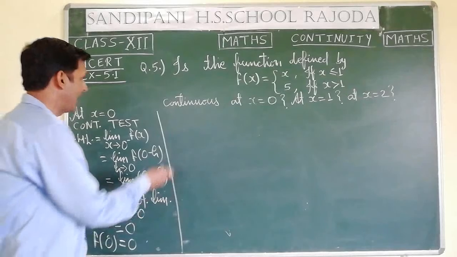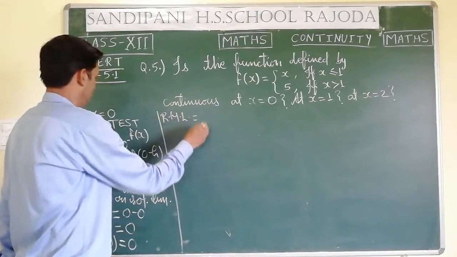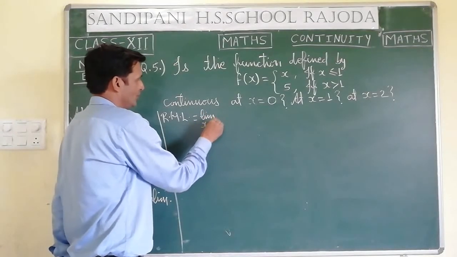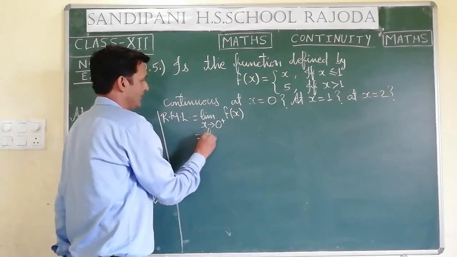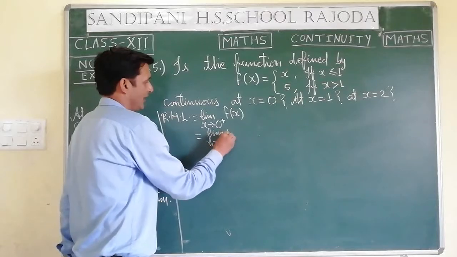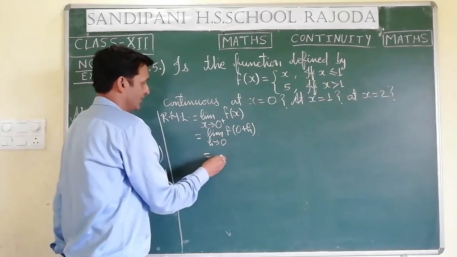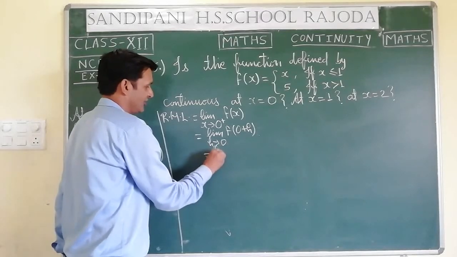Now RHL, limit x tends to 0 plus f of x, that is equal to limit h tends to 0 f of 0 plus h, which is equal to limit h tends to 0.